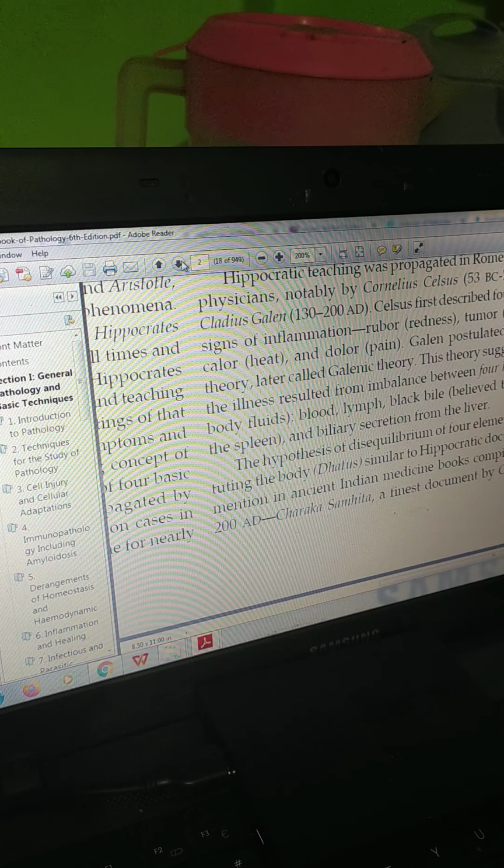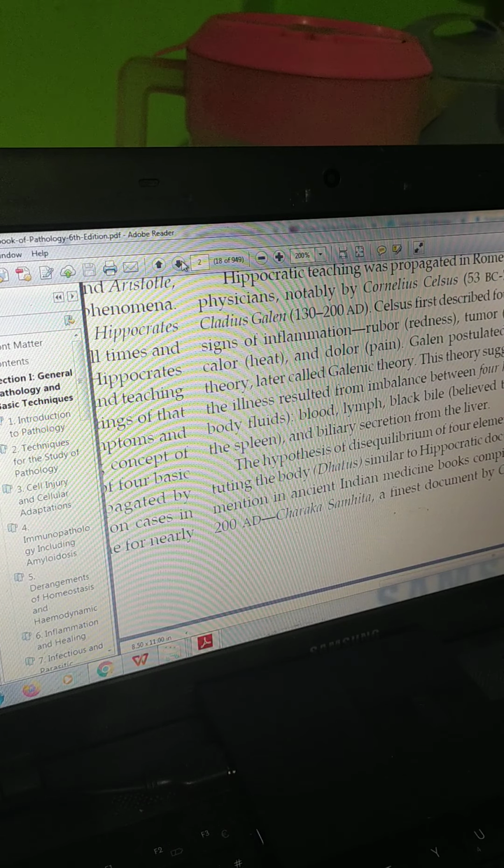The hypothesis of this equilibrium of four elements constituting the body, dhatus, similar to Hippocratic doctrine, finds mention in ancient Indian medicine books compiled about 200 AD.